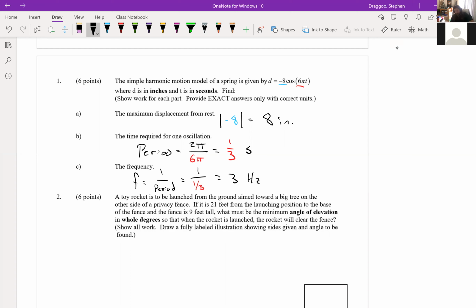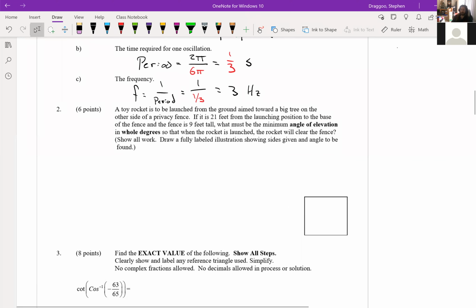Specifically, though, hertz is only the unit for inverse seconds. So if our time were measured in minutes instead of seconds, we just have to say oscillations per minute. But since it's seconds, we can use hertz, being that fancy unit. Cool, that's simple harmonic motion.